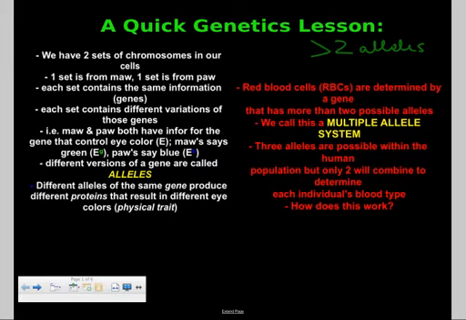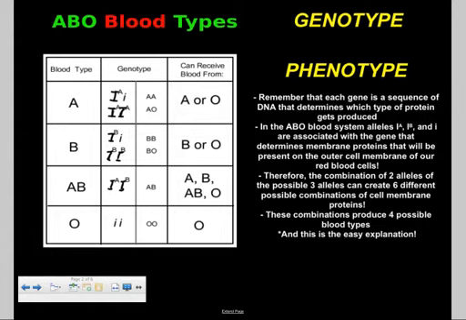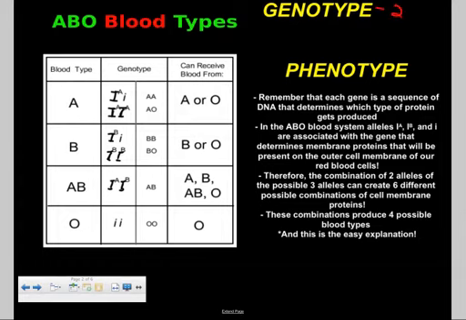Okay, so I guess the question then is, how does this work in humans? First, I want to introduce the idea of the genotype and the phenotype. The genotype is going to be made up of two alleles. What our genes say, how our genes are programmed, are based on a combination of two alleles.